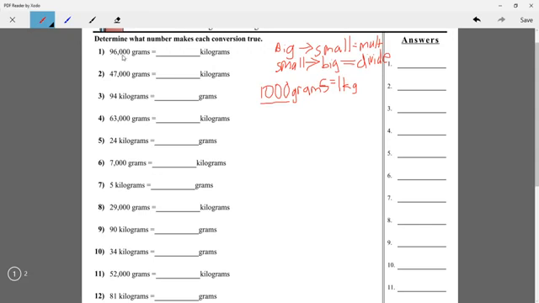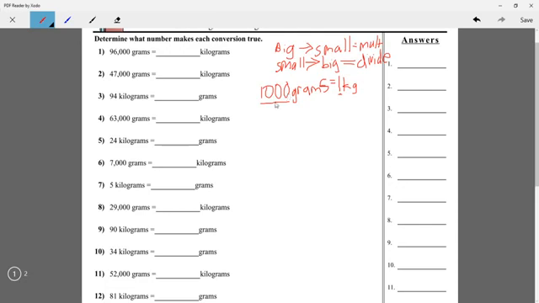So first thing, we have 96,000 grams. How many kilograms is that? So if there's 1,000 grams in 1 kilogram, this is another way that conversions are opposite of what you would expect. Which one's bigger, 1,000 or 1?